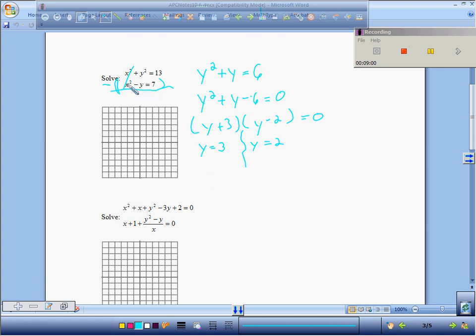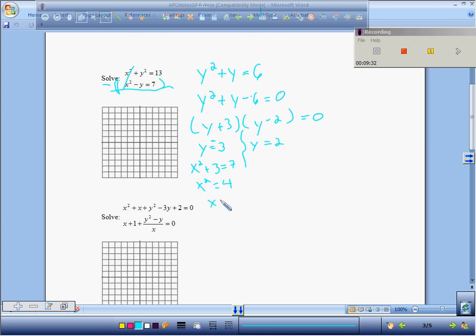So y equals -3, sorry. I'm going to take that and plug it into this one because this is kind of the easier of the two. So I get x squared minus -3 plus 3 equals 7. So x squared equals 4.